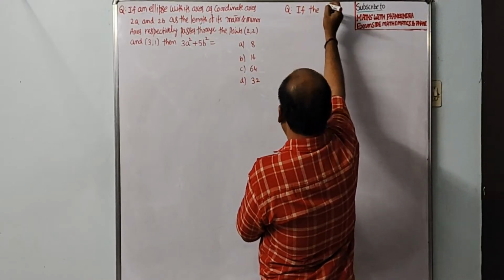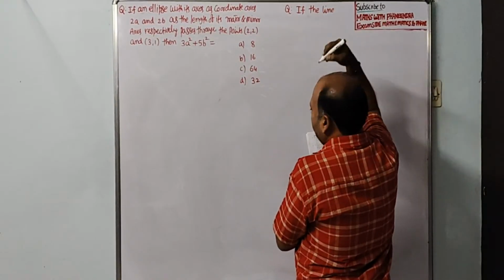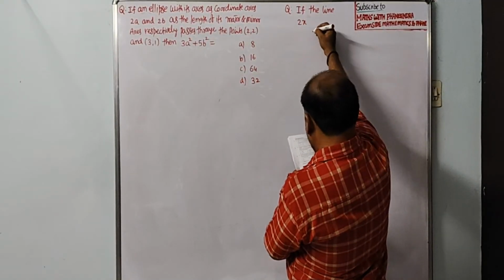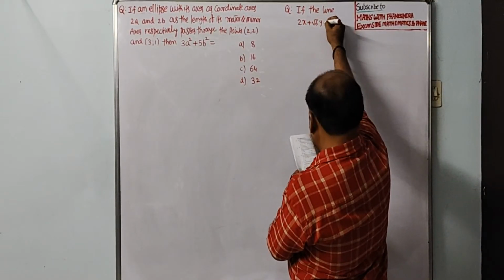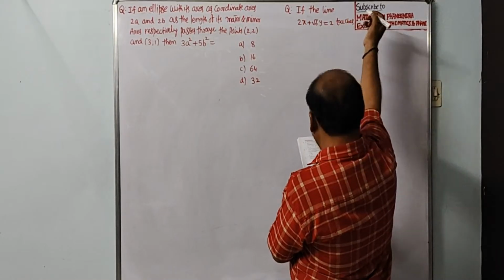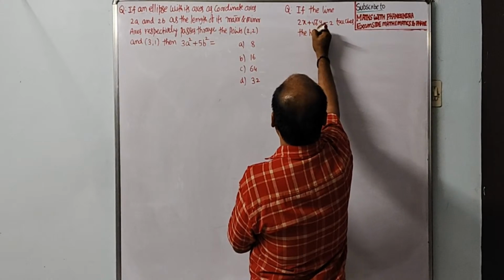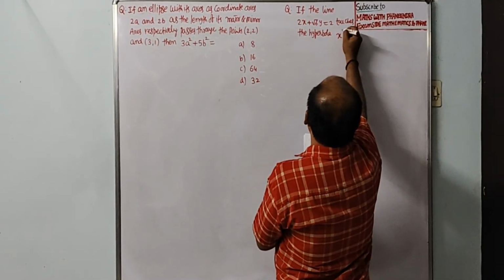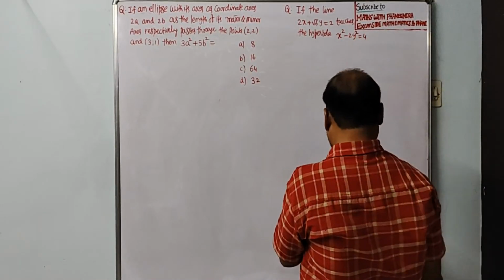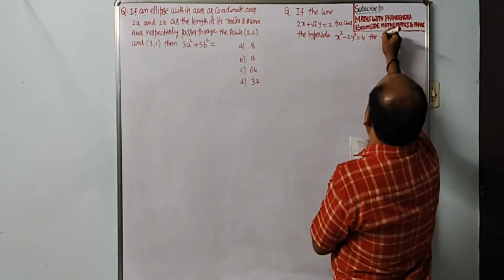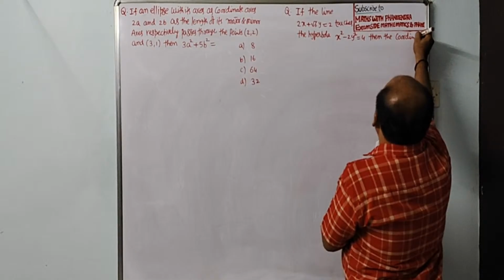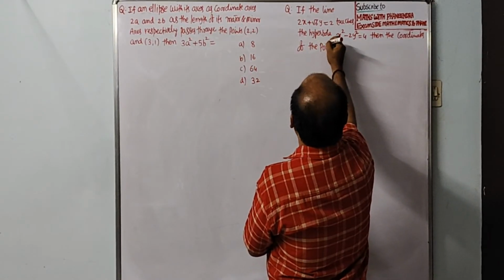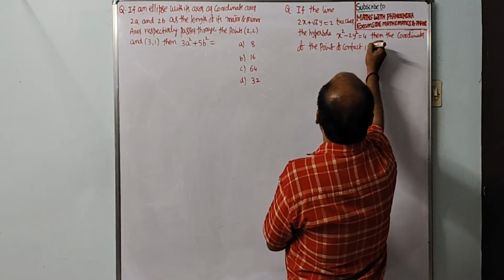If the line 2x + root 6 y = 2 touches the hyperbola x² − 2y² = 4, then the coordinates of the point of contact is.